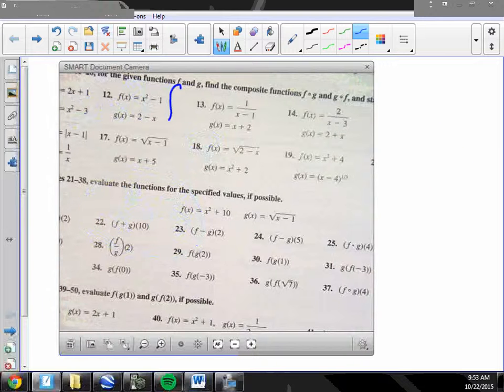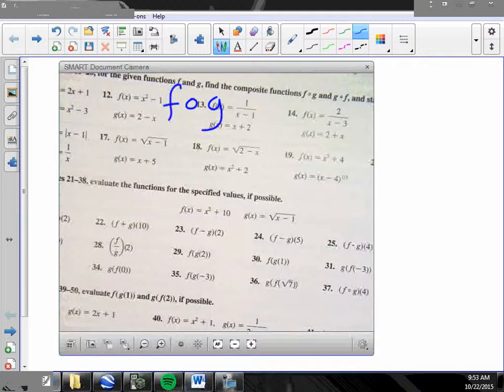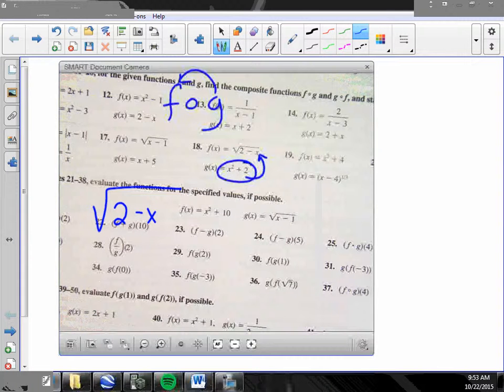So f composed with g. f of g means we plug g into f. So I'm going to stick this in here. So the square root of 2 minus x squared, minus 2. How does that simplify?